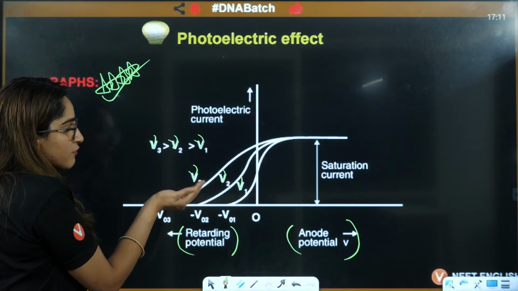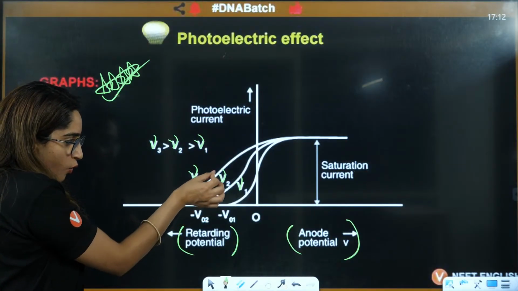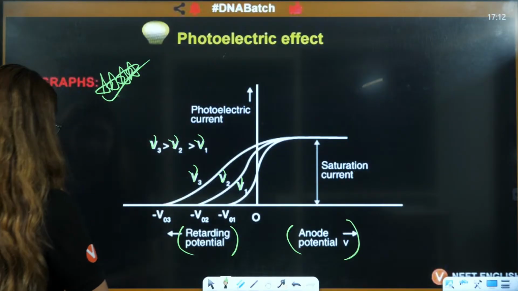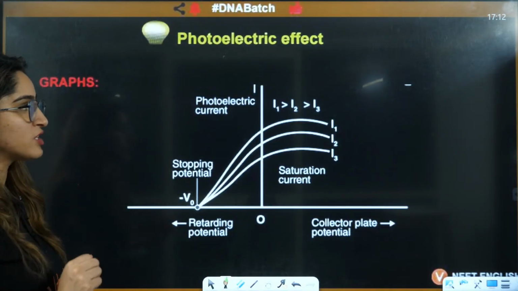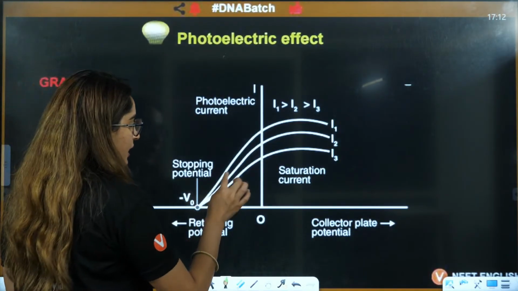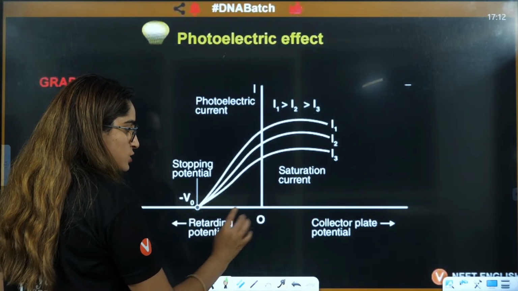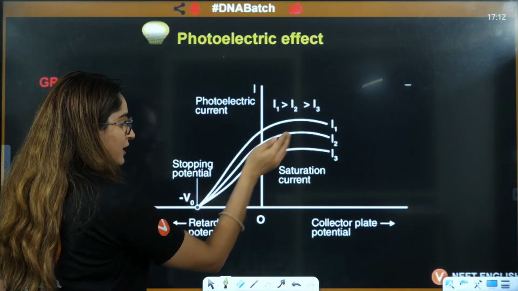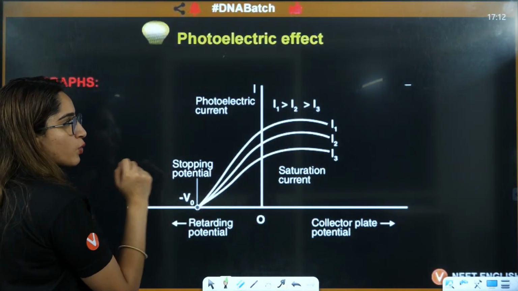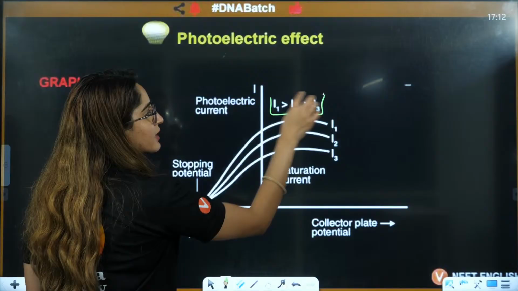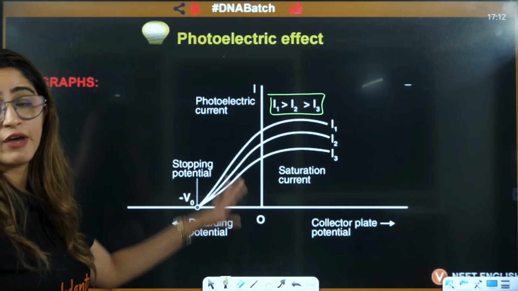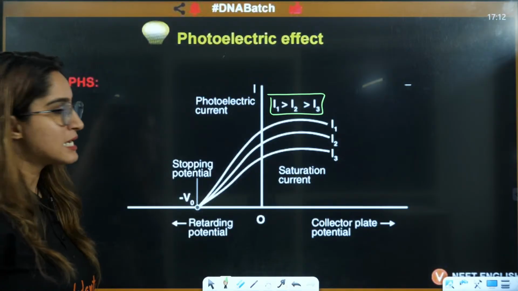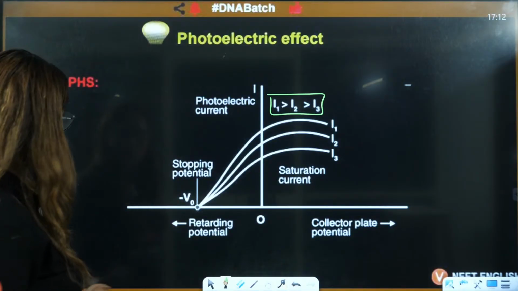The one on the top has the maximum frequency. But in the current, it will change. Current after 0 is increasing and then it will start decreasing. Here it is only decreasing, and here I1 is greater than I2 is greater than I3. When we talk about the current, it is the number of electrons being ejected, right? Okay, so that was about these two graphs.